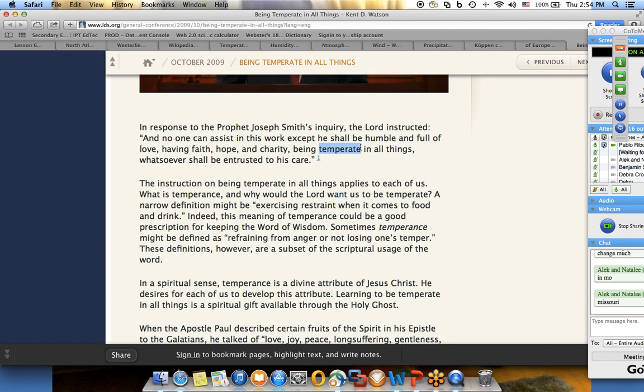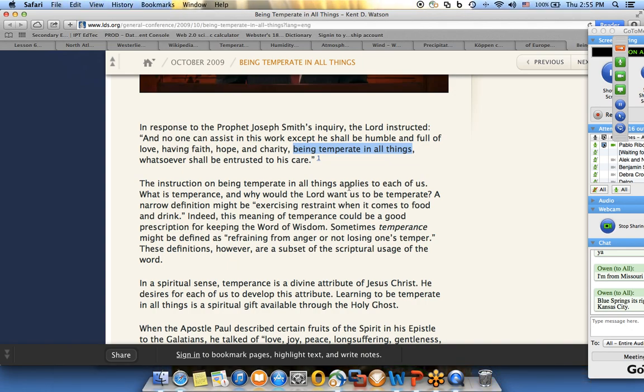Okay? So the talk starts, it says, in response to the prophet Joseph Smith's inquiry, the Lord instructed, and no one can assist in this work except he shall be humble, full of love, having faith, hope, and charity, being temperate in all things, whatsoever shall be entrusted to his care.